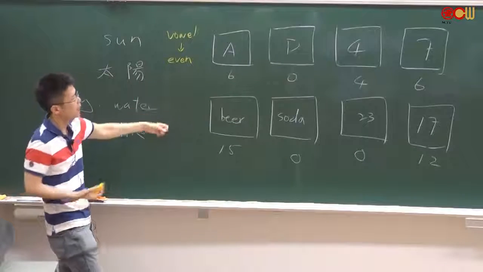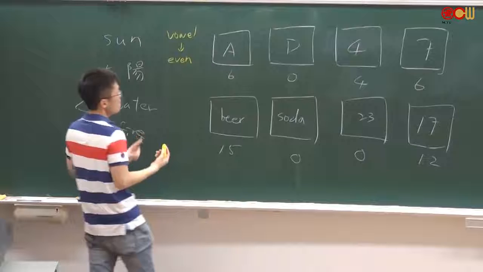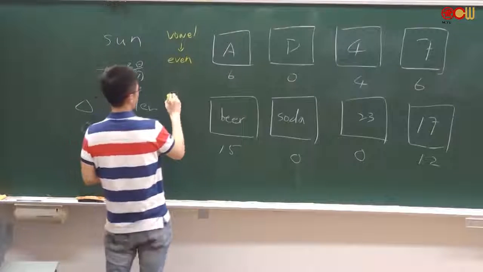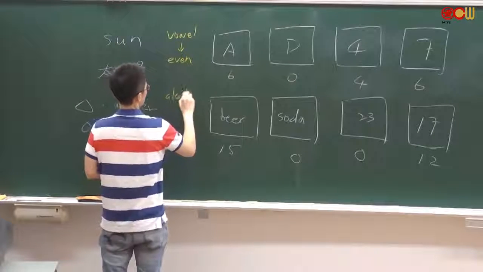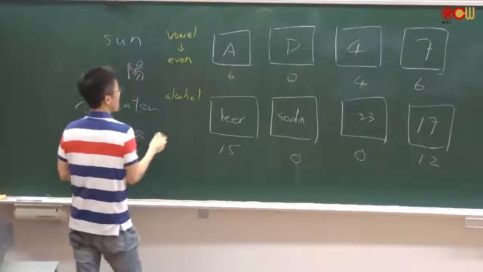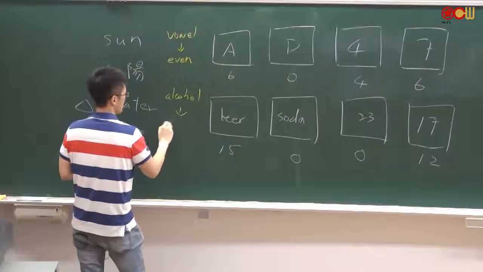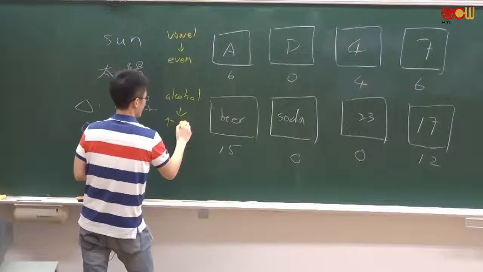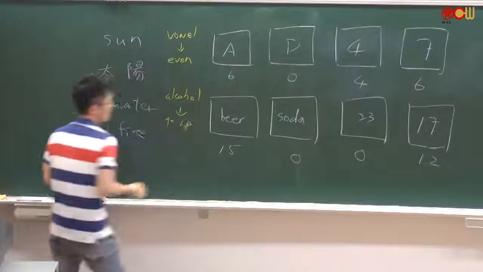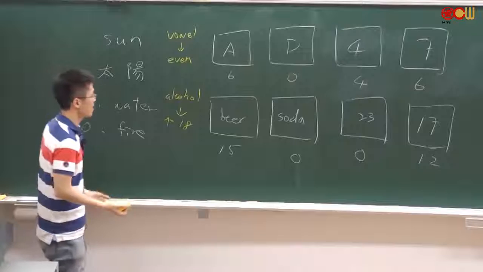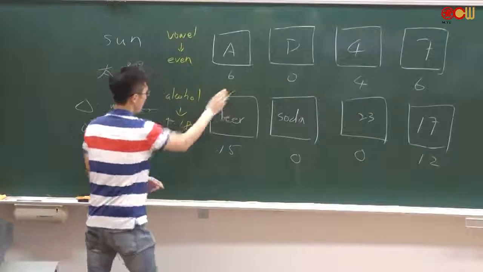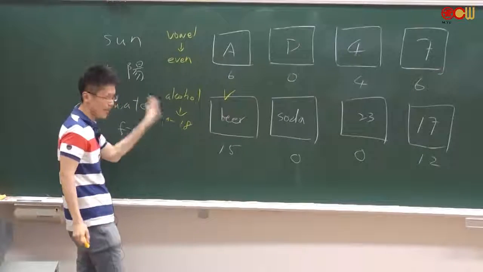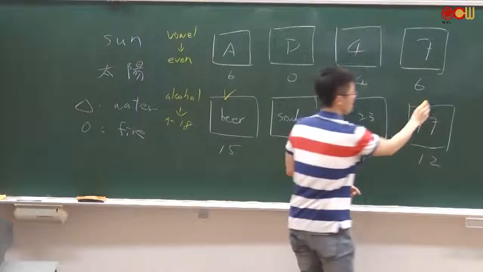But if you look at the second one, if someone is drinking alcoholic, then it has to be over 18. And you know instantly you have to check alcohol and under 18, not over 18, under 18.